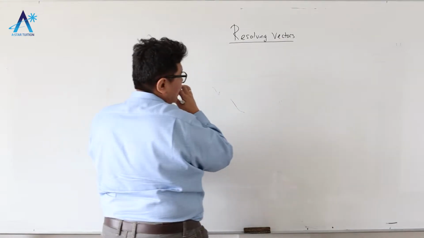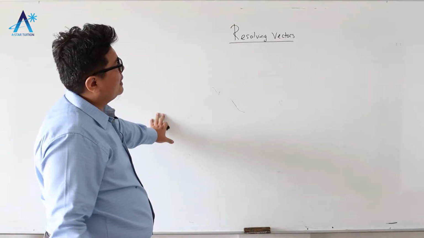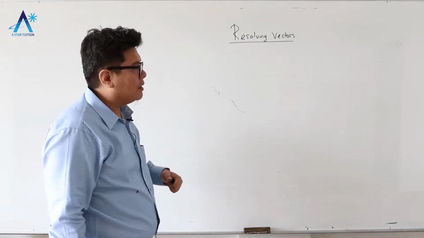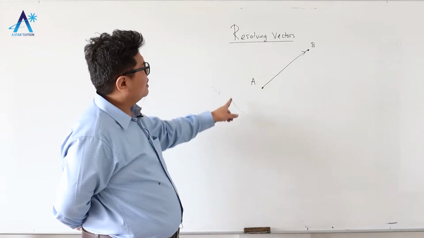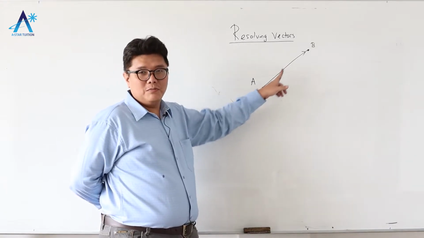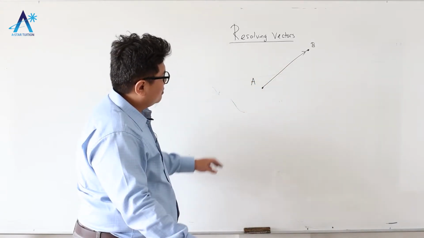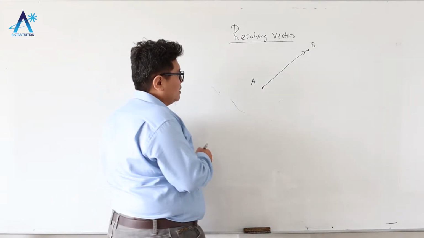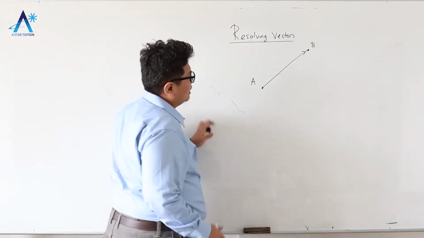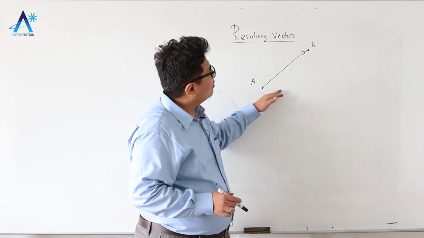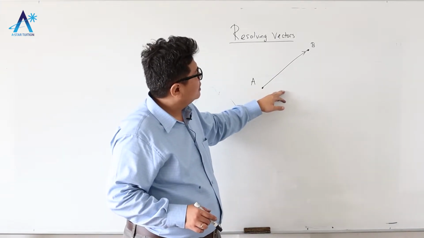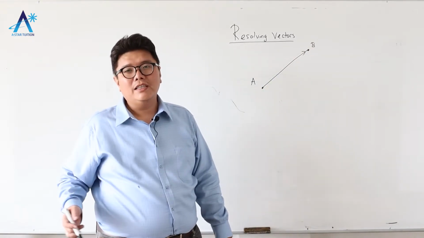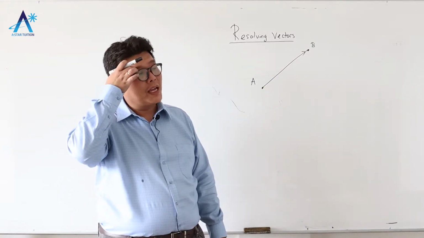So in order to understand the idea of resolving vectors, let's give an example. Okay, let's say that a person is walking from A to B. Now, this is a straight line motion, but you can see that the motion can be understood as a sideways or horizontal motion and also a vertical motion concurrently, which means that it happens at the same time.